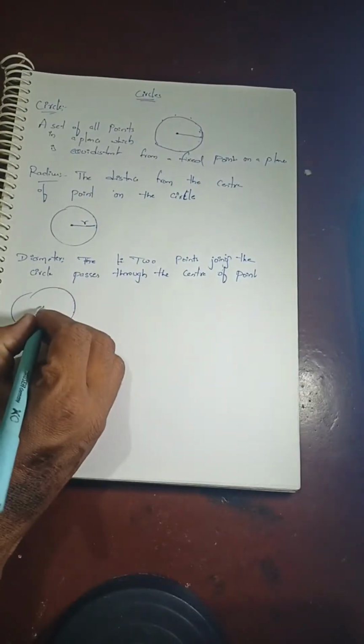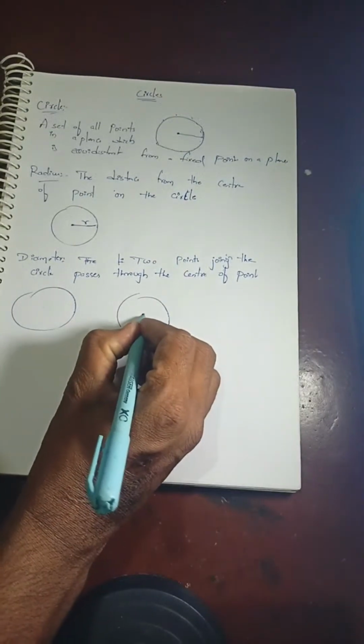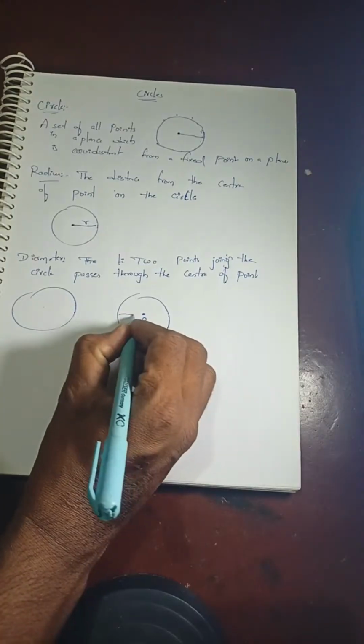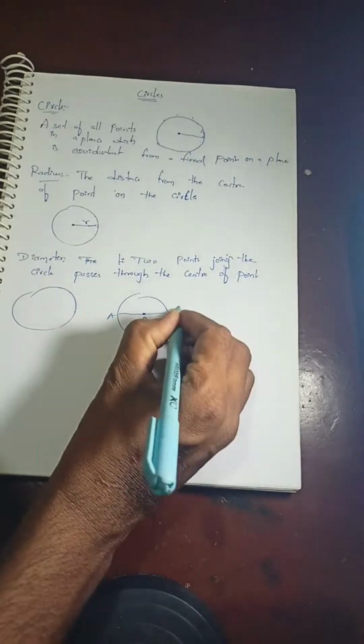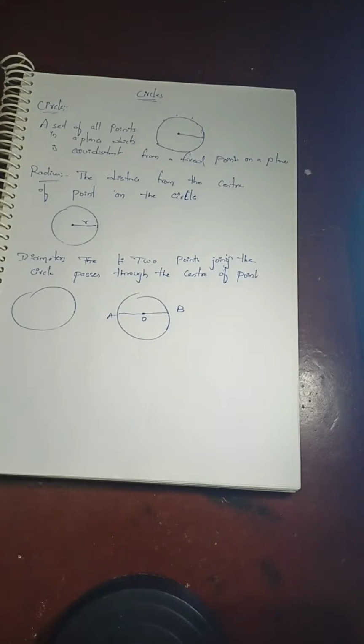So for example, this is a circle, this is the center O, and the line which passes through the points A and B is called the diameter.